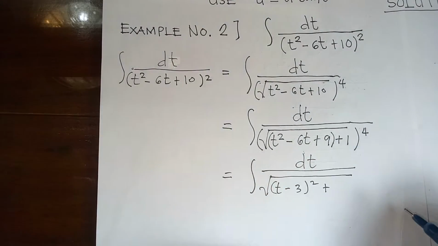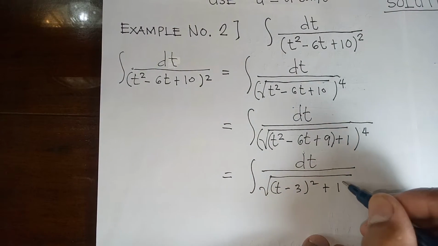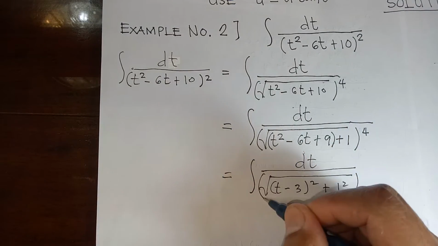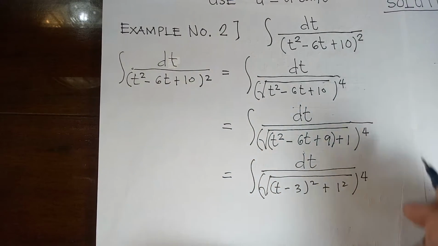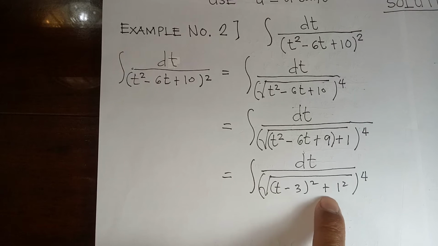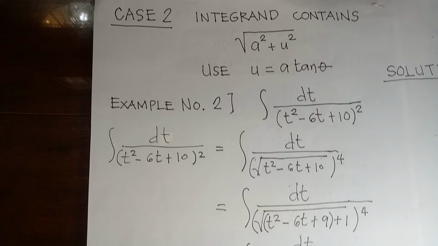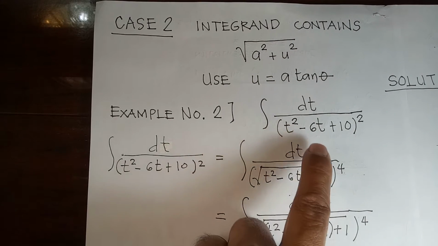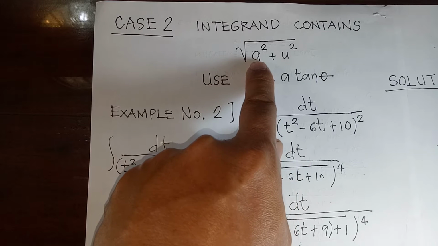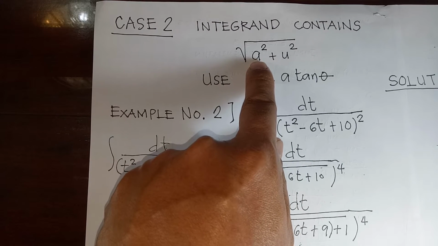Tapos, yung 1, ang ibig sabihin din nun ay 1 squared. Tapos, raised to 4. So, we can see now that t minus 3 squared plus 1 squared takes the form of u squared plus a squared. Kaya siya case 2.